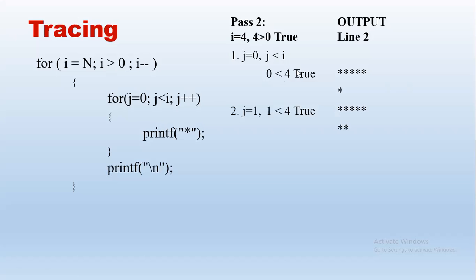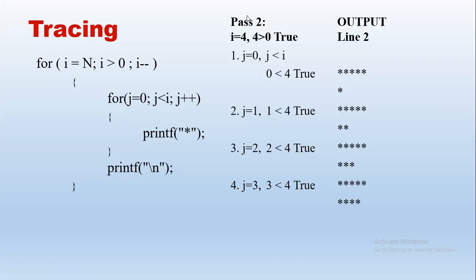Next, j is incremented. So j becomes 1 plus 1, 2 less than 4. Condition is true here. So then the star is printed for the third time in line 2. Next, j becomes 3. The star is printed the fourth time. So 3 less than 4 is true.